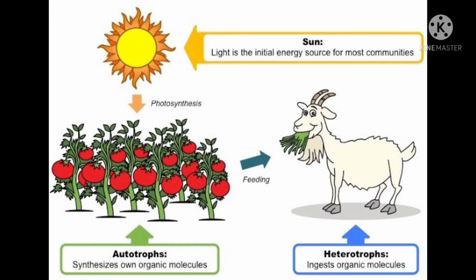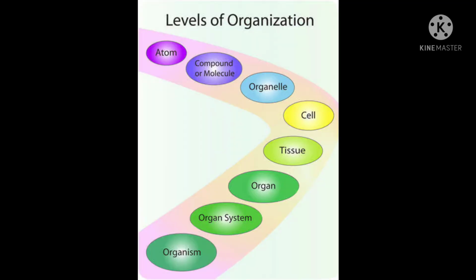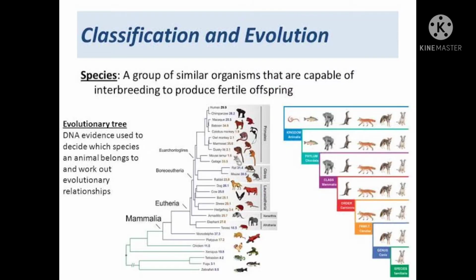If the organisms produce their own food, then they are known as autotrophs, and if they depend on others for food, then they are known as heterotrophs. The next characteristic is based on the level of organization of their body, whether cell organized, tissue organized, organ organized or organ system organized level of body development.